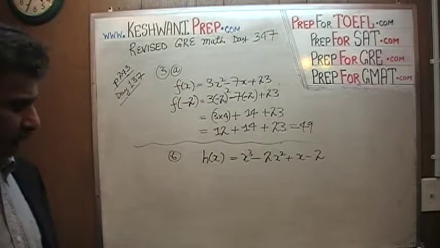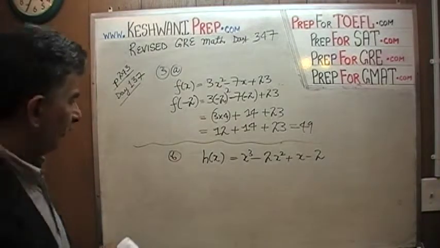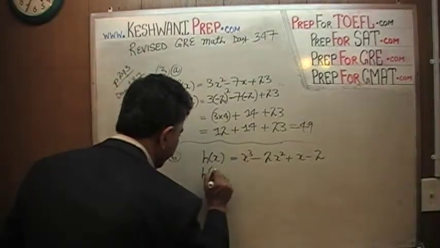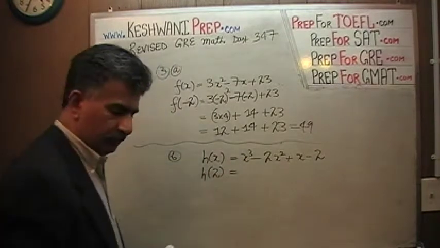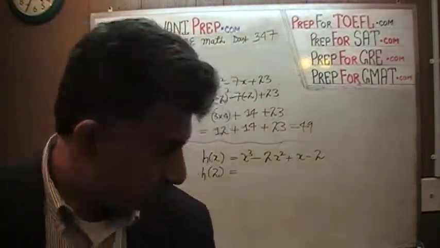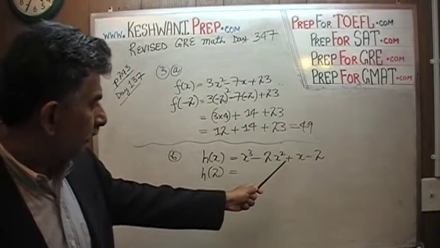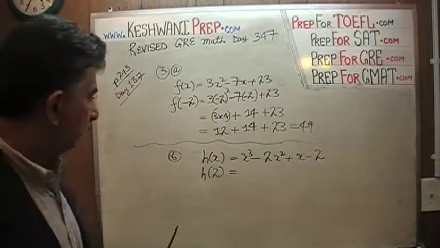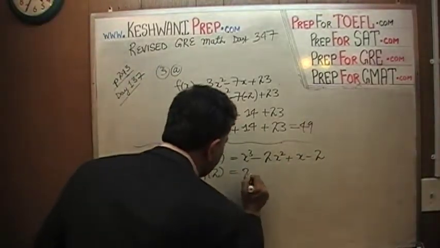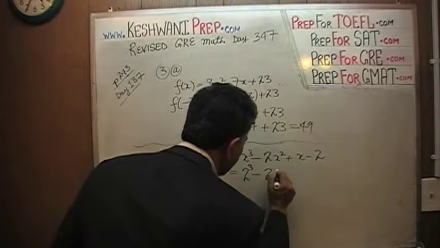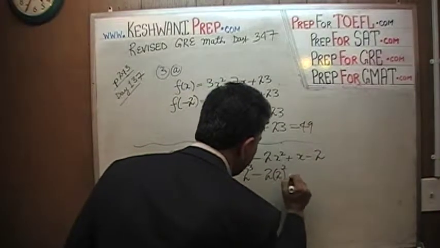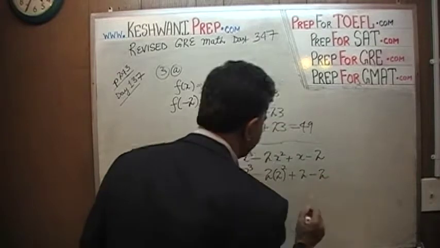And they want us to find the value of the function when x is equal to 2. So we just go to our function, and wherever we see x, we replace it with 2. That's all. So we get 2 cubed minus 2 times 2 squared plus 2 minus 2.